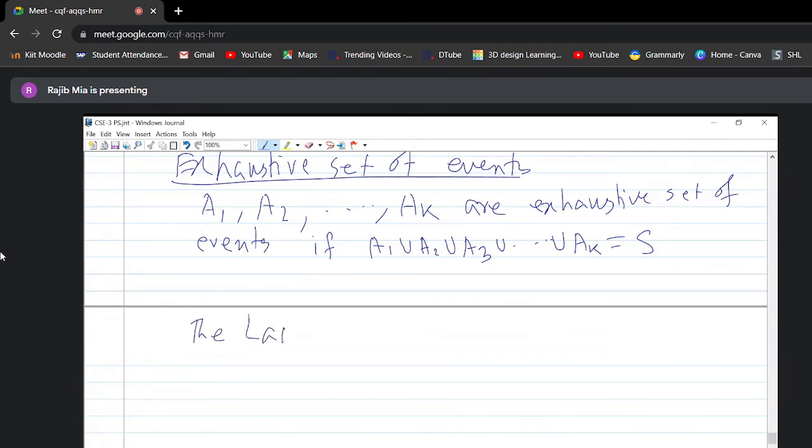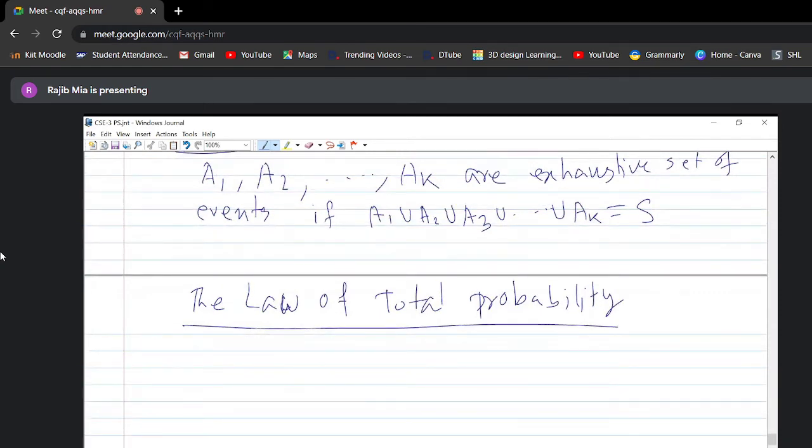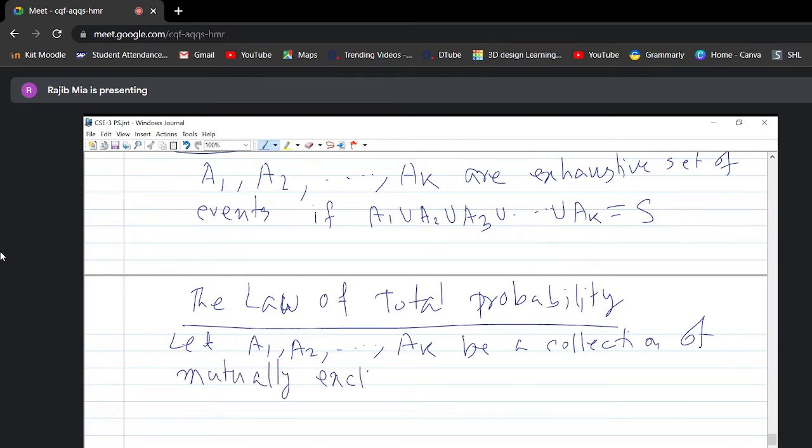Next, the law of total probability. Let A1, A2 up to AK be a collection of mutually exclusive and exhaustive events.